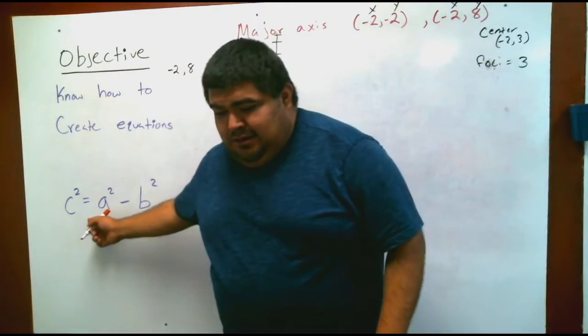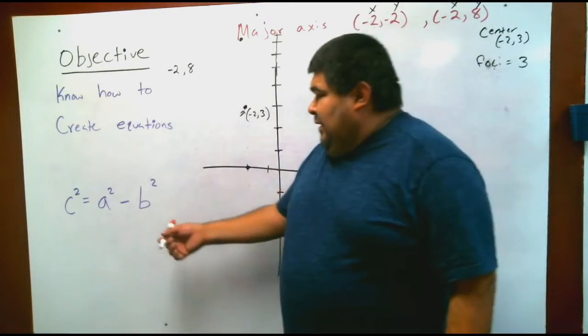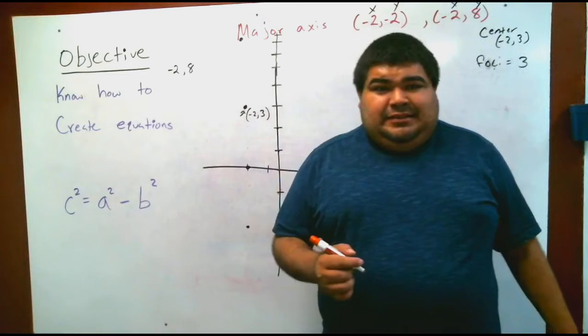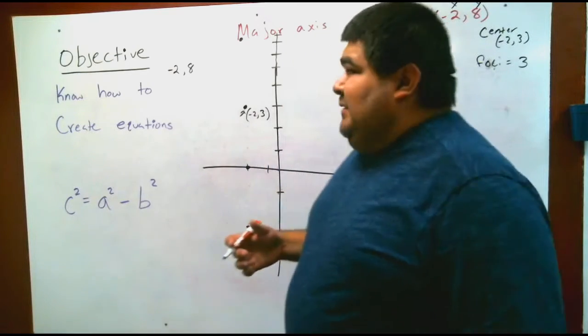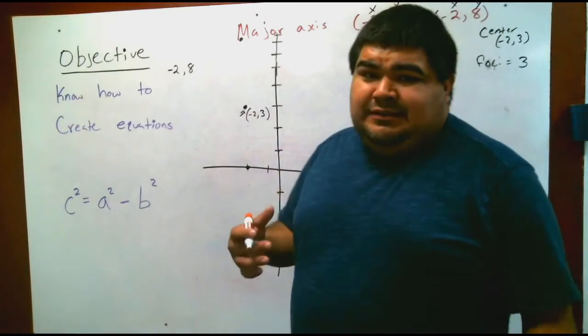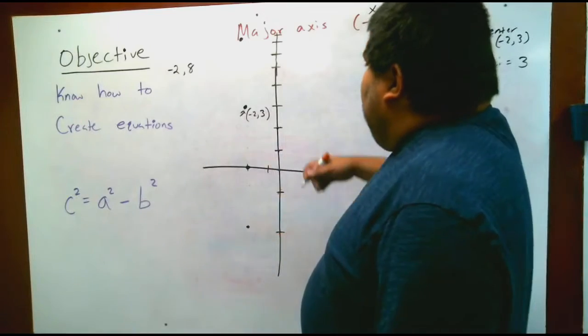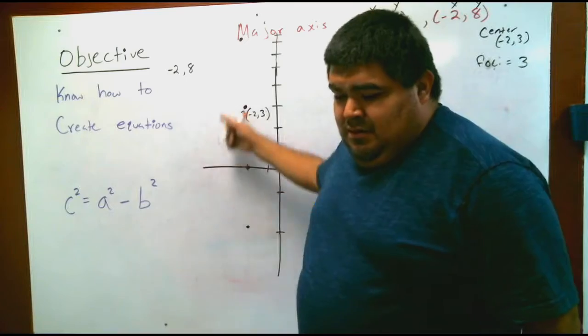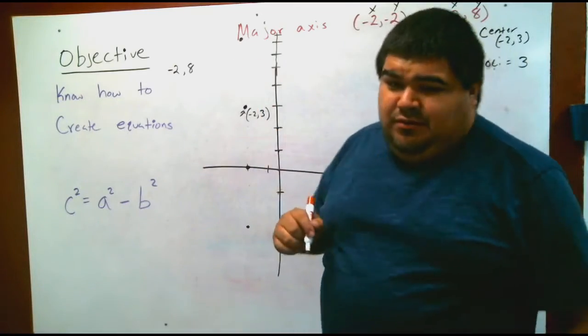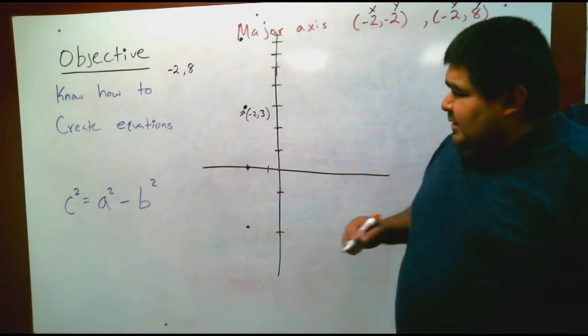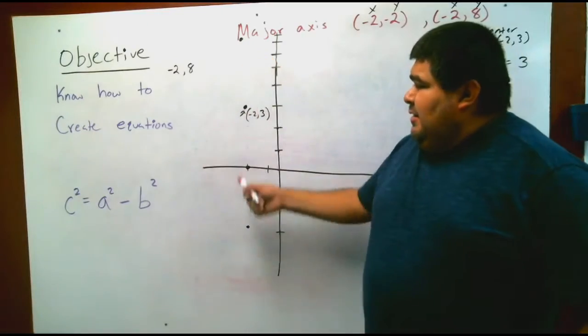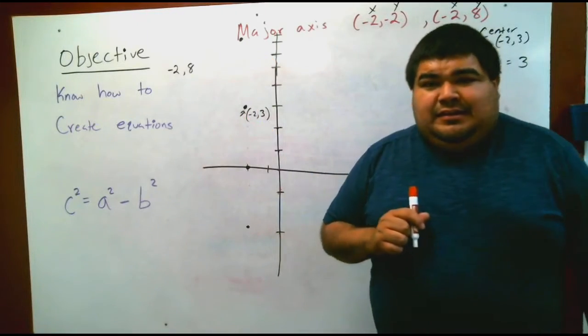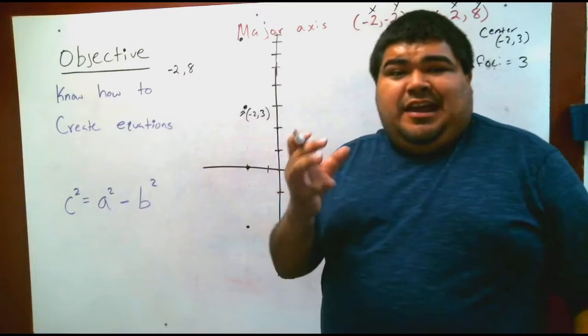Here, if you remember, A is our major axis, which in this case is the distance for our center of our axis. Since the whole axis is 10, our A is 5, because it's cut in half from the major axis to the center.